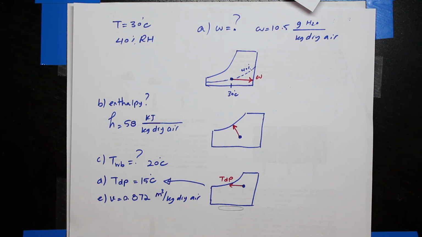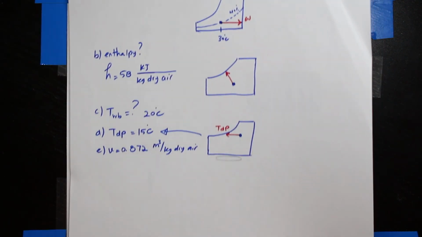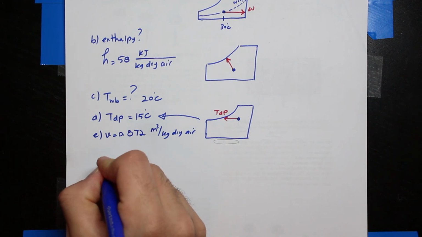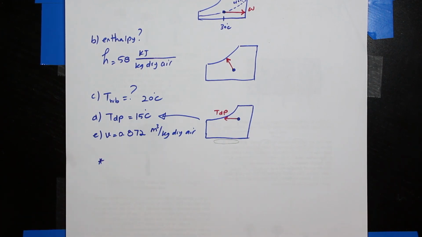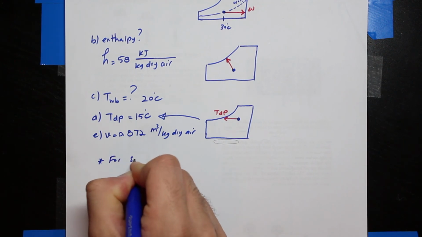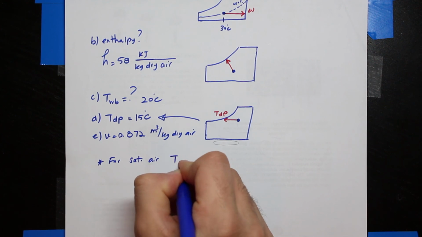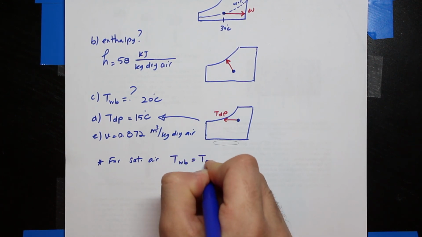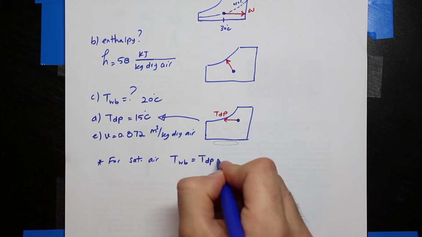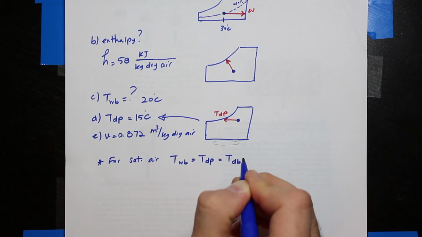All right, so finally, I have a tip for you, and the point is for saturated air: the wet bulb temperature is equal to the dew point temperature, which is equal to the dry bulb temperature.